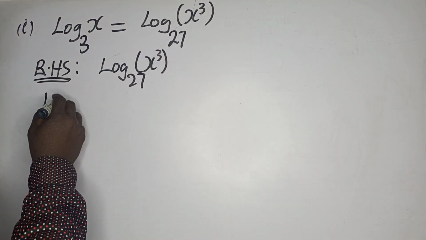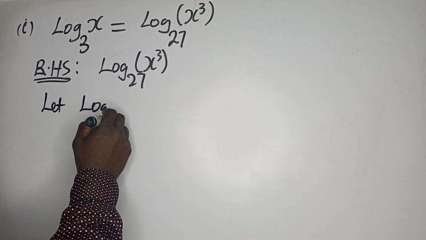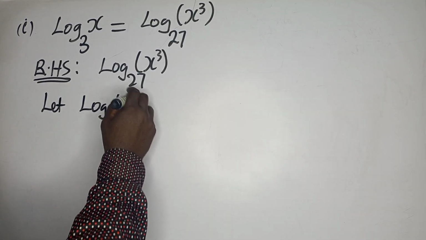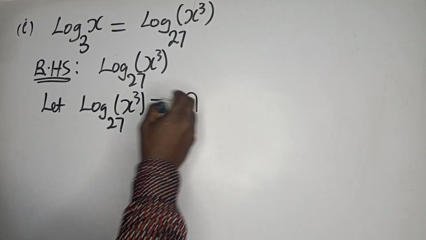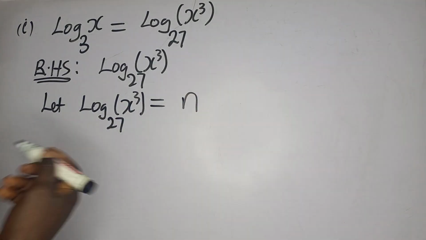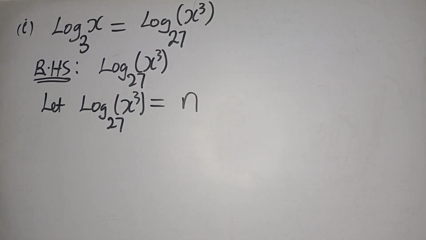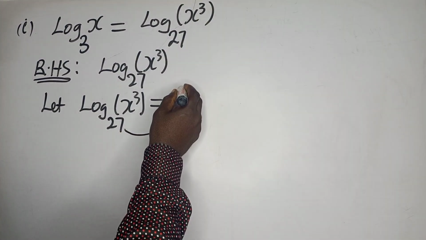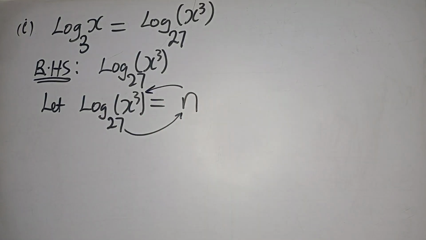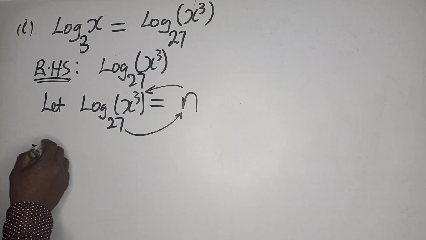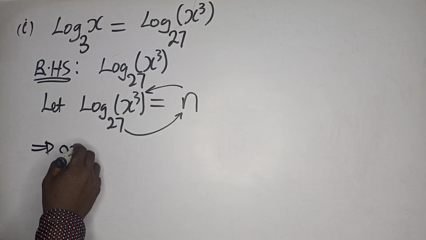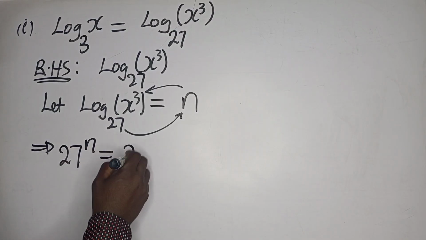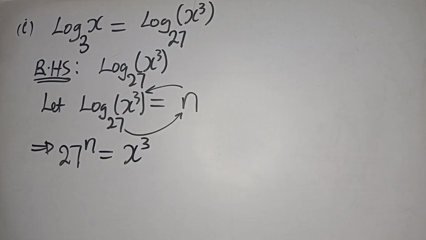If we let this log to the base 27 of x cubed be some value, say n, then we know from the relationship between logarithms and indices that this base raised to that power will give us the argument x cubed. And so we have 27 raised to the power n will give us x cubed.